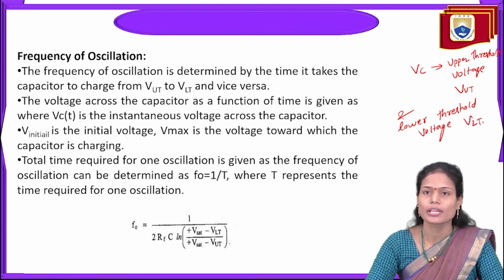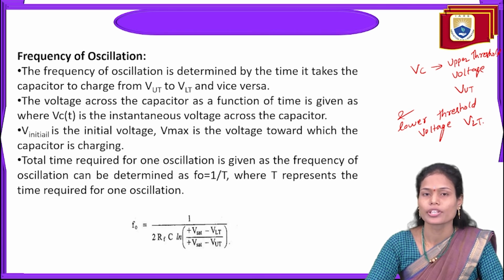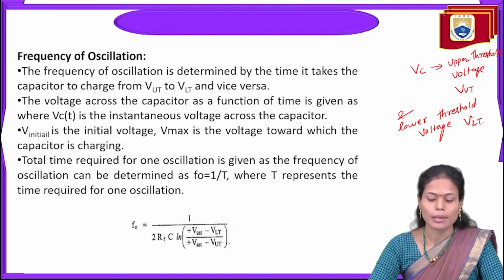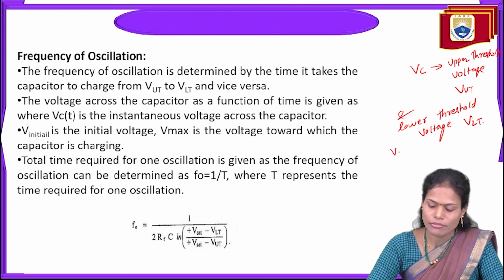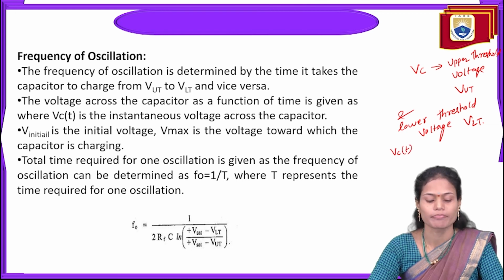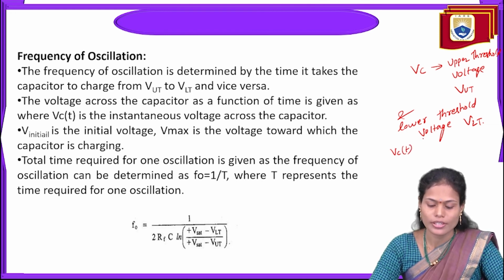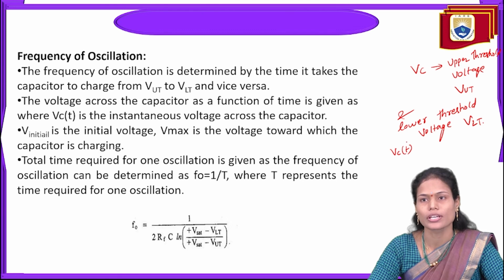Depending upon this, the capacitor voltage is varying, and based on that we can determine the capacitance. The voltage across this capacitor as a function of time is given as Vc of t. So this Vc of t is the instantaneous voltage across the capacitor.